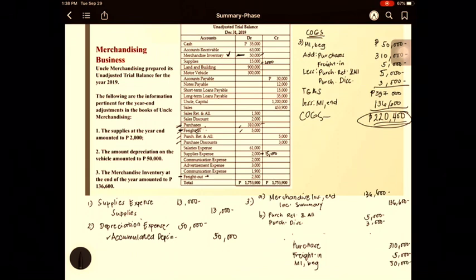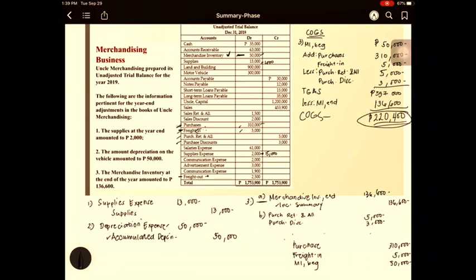Okay, so the last step in making the adjustment here is to recognize now your cost of goods sold. You cannot recognize it yet. You have to first reverse your income summary account, recorded under step A here. Your income summary is originally credited for 136,600.